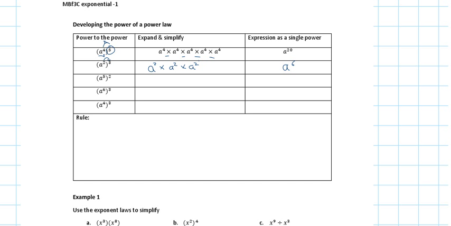Now a to the power of 5, all to the power of 2. If I expand, that's a to the power of 5 times a to the power of 5. 5 plus 5 is 10. But at the same time, if I do 5 times 2, that's going to give me 10. So the rule says if you have power to the power, you multiply your exponent. So you keep the base, and you multiply the exponent.